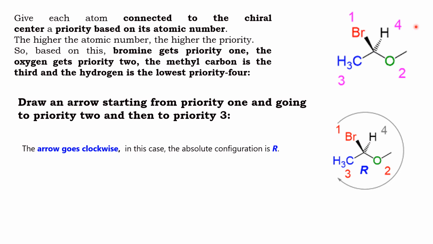Now when I am moving this molecule, our eyes move from bromine to oxygen to carbon, in the clockwise direction. Hence, this molecule is designated as rectus or R isomer. You got it?